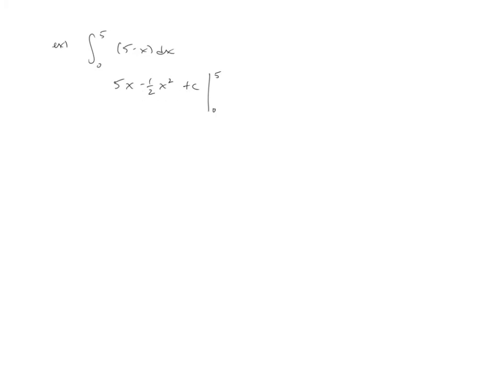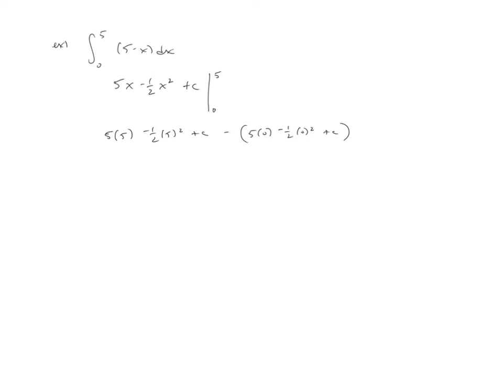So I take my 5, and I plug it in every place I see an x, and then minus that same thing now evaluated at 0. All right, now the reason we do that, we will talk about a little later when we get into the fundamental theorem of calculus, but for now, just remember, integrate as usual, and then when you evaluate, it's the top number plugged in minus the bottom number plugged in.